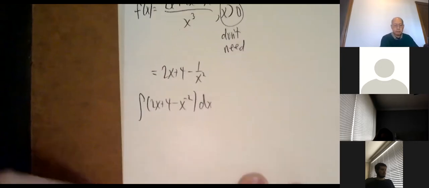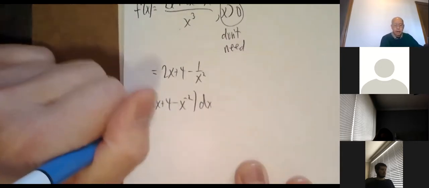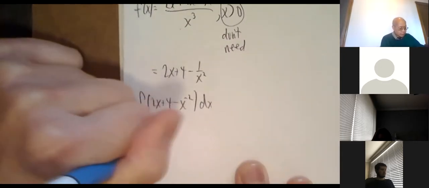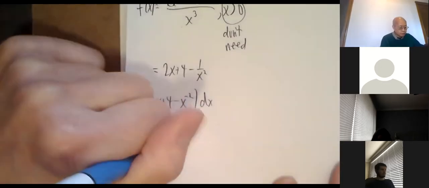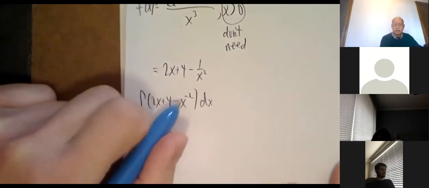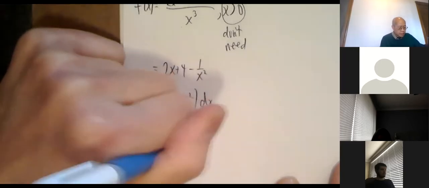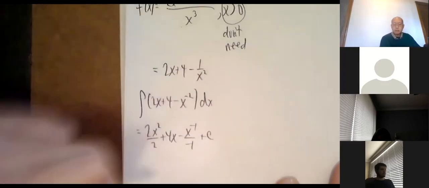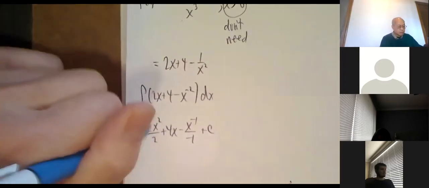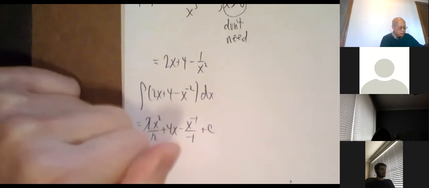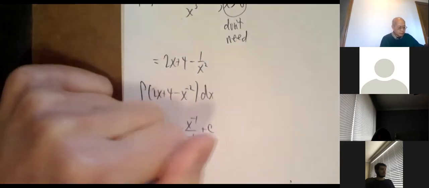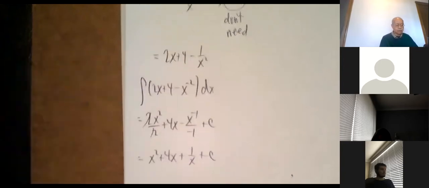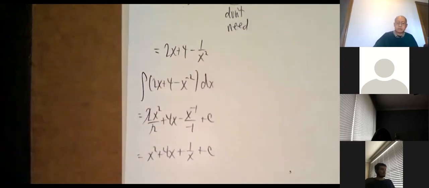Power rule: 2x squared over 2. Integral of a constant is constant times x, minus power rule, x to the negative 1 over negative 1, plus a constant. Clean it up, cancel, cancel: x squared plus 4x, double negative, so positive 1 over x, plus C. So that looks like my answer.